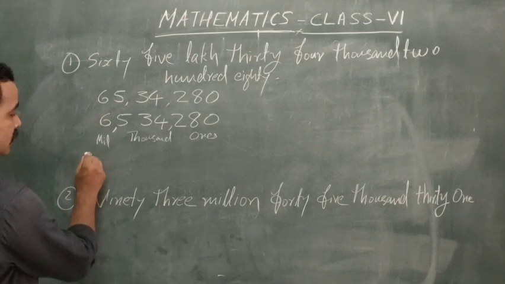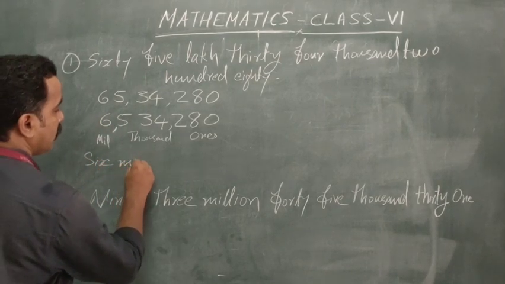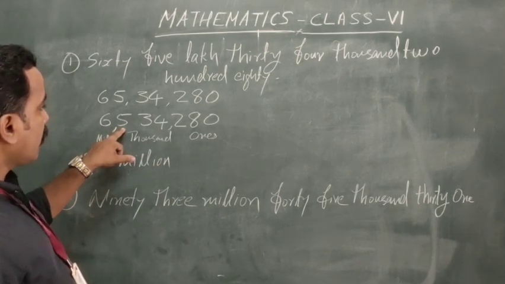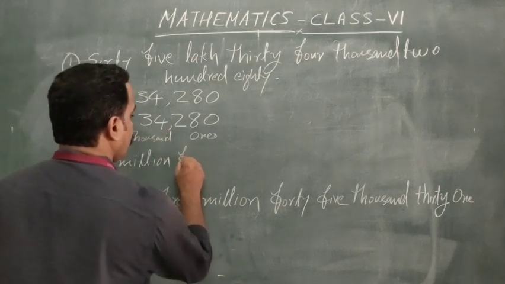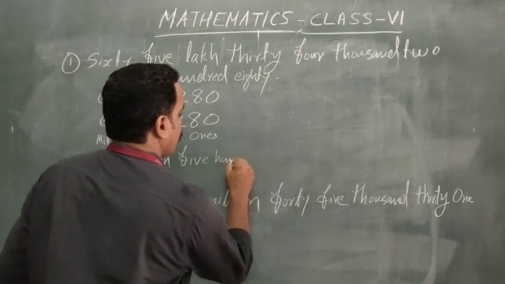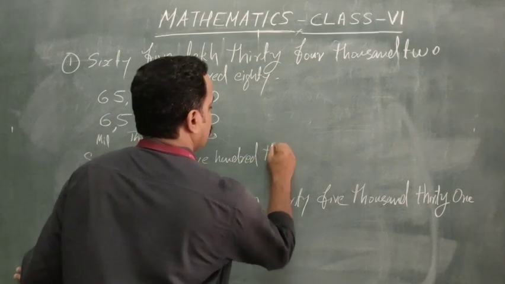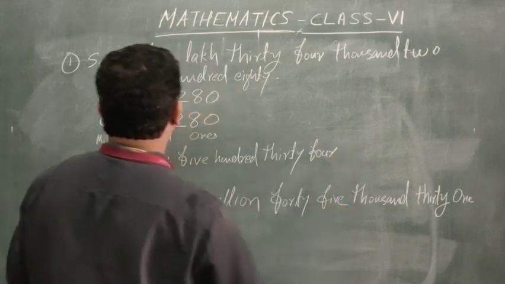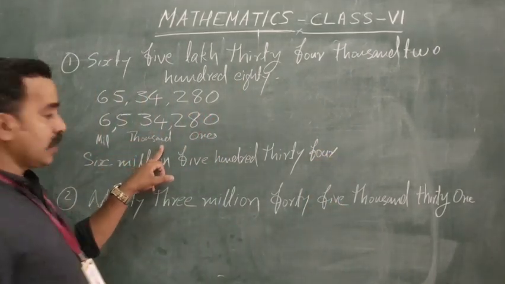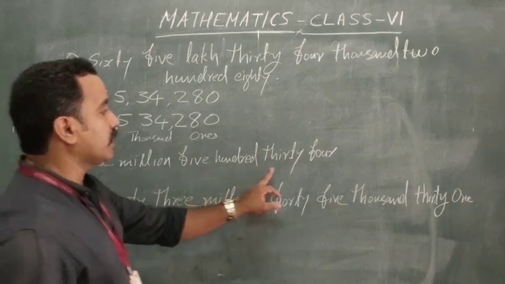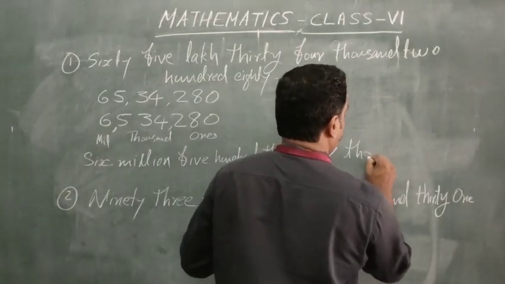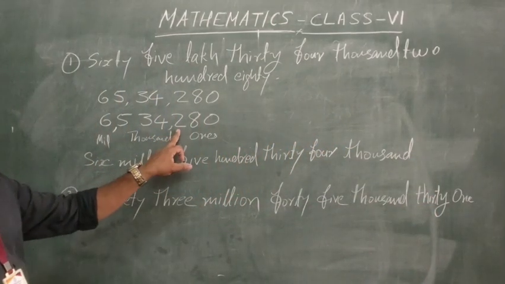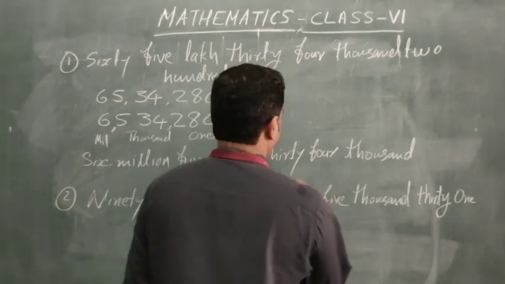How many millions? 6 million, 534 thousand, 280. So 6,534,280.